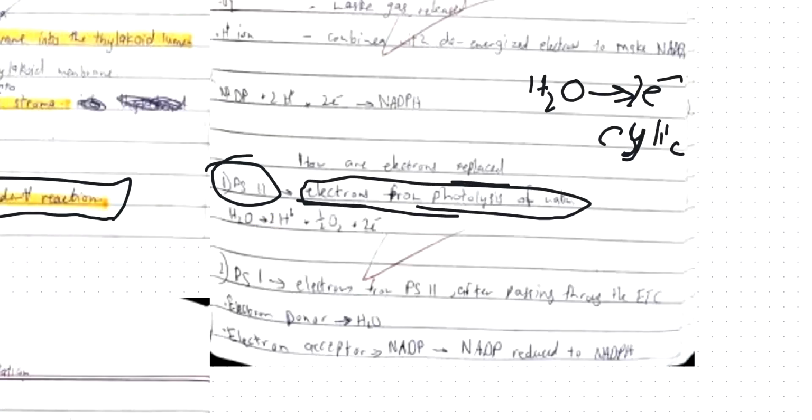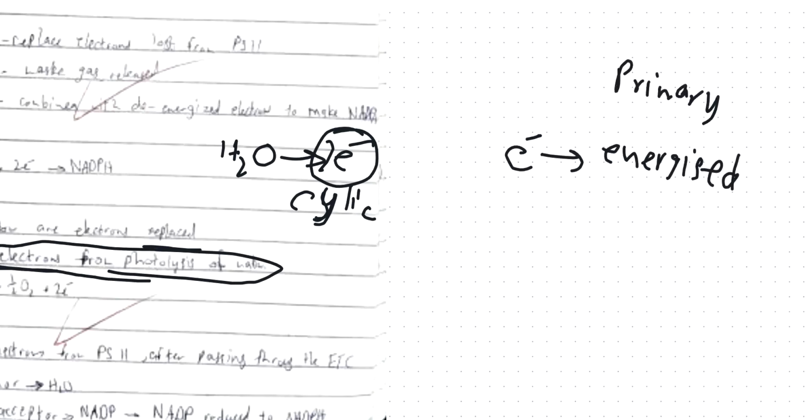You get electrons when you split water, that's why you need water, and these electrons would then be energized. The second way you replace electrons is when the de-energized electrons become energized when they go to the primary pigment, photosystem 1 or photosystem 2.